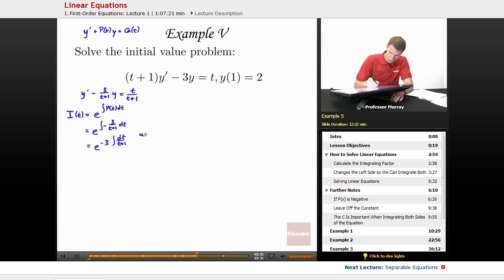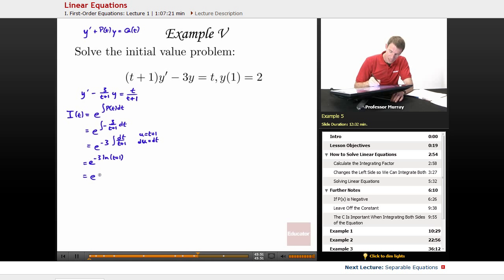If I use a little substitution, u is equal to t plus 1, du is equal to dt, then this is e to the negative 3 natural log of t plus 1.